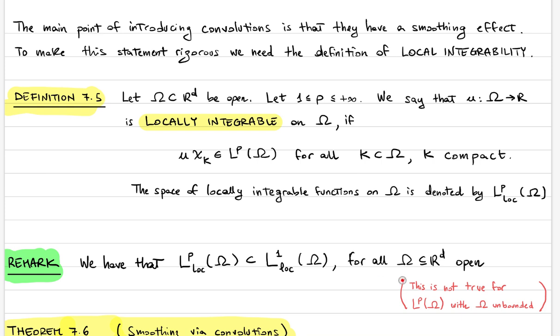But remember that this is not true for the L^p spaces if omega is unbounded. So the L^p spaces are not nested if omega is unbounded. However, this inclusion holds for L^p if you remove the loc, if omega is bounded.